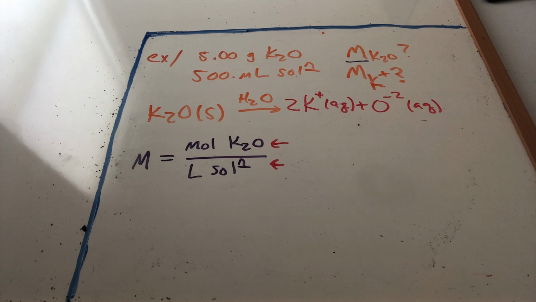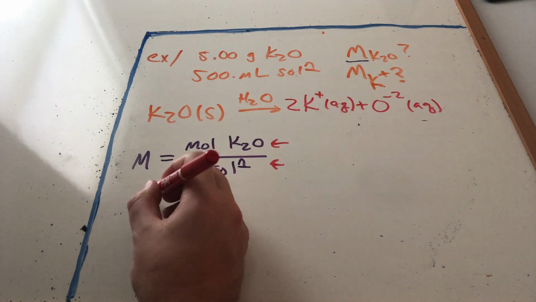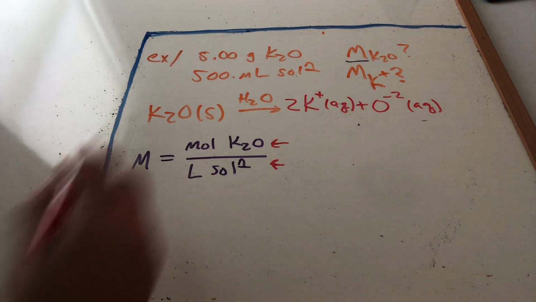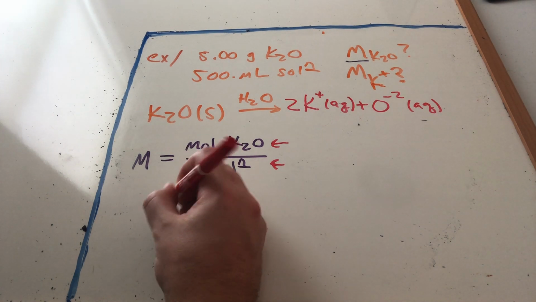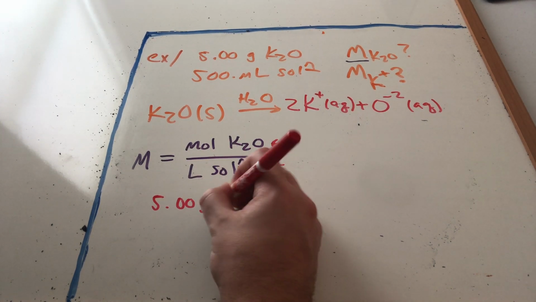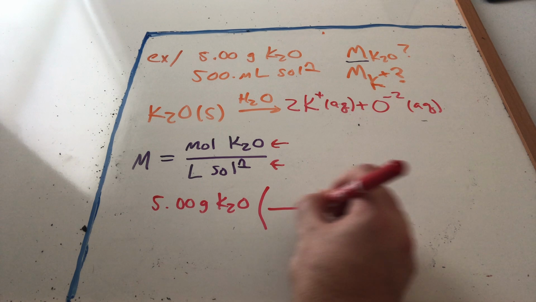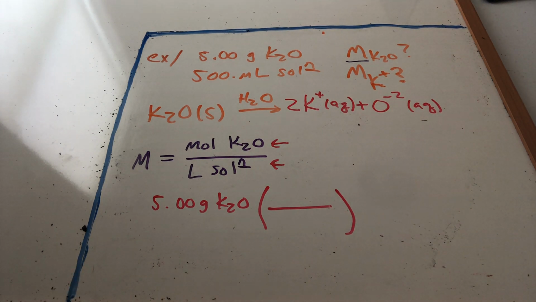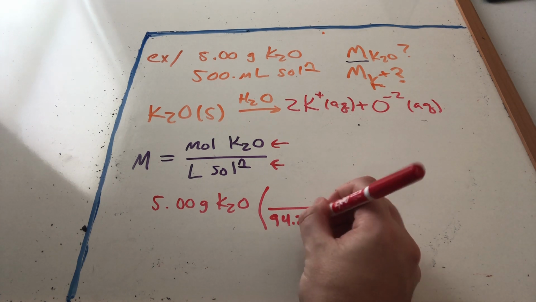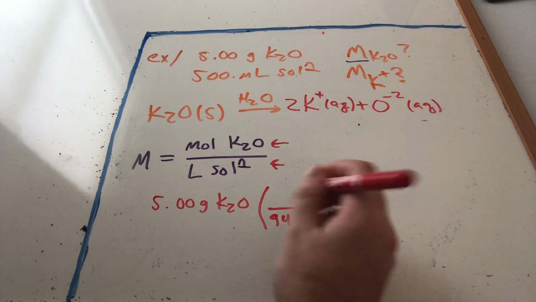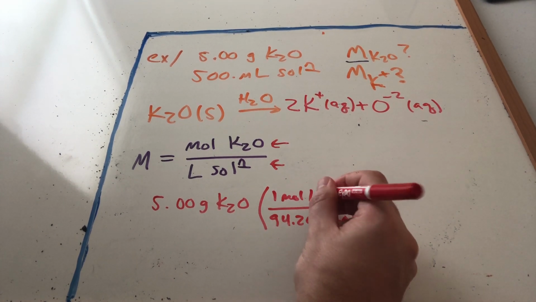So let's do this step by step. Moles of K2O? What information am I given at the top here that gets me moles of K2O? I know I have 5 grams of K2O, and I know that based off of information on the periodic table, I could determine that there's 94.20 grams of K2O in every 1 mole of K2O.